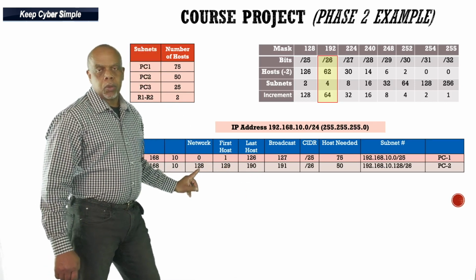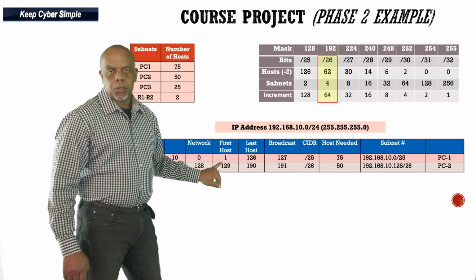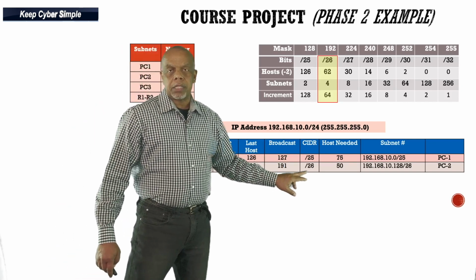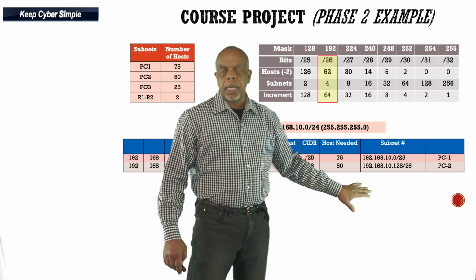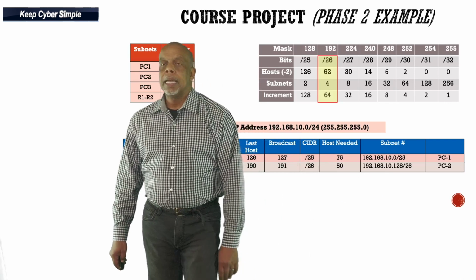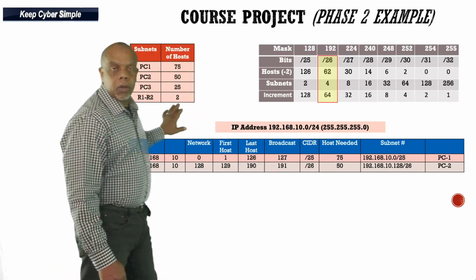If I go from 128 to 191, that'll be 64. But the first one and the last one cannot be assigned. That gives me a CIDR of what? 26. And it gives me a network ID of 192.168.10.128 CIDR 26.